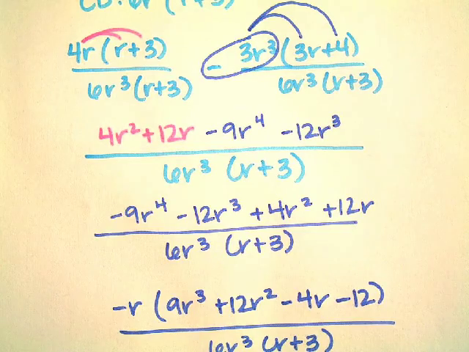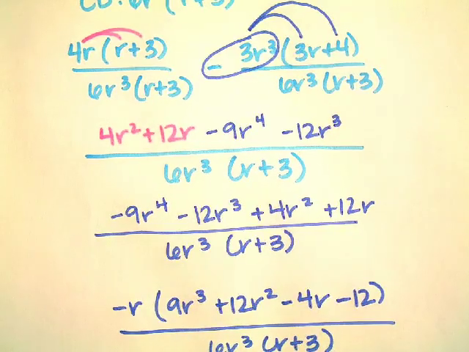And then what's going to happen with the R that you took out on top and the stuff that you have on the bottom? You can take out 1 R from the top and 1 R from the bottom. So go ahead and do that.